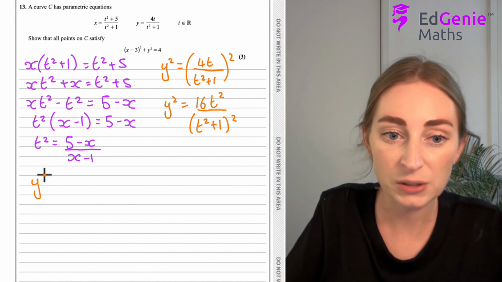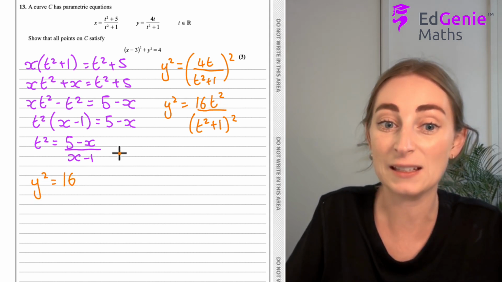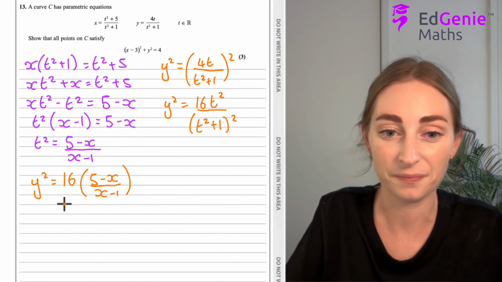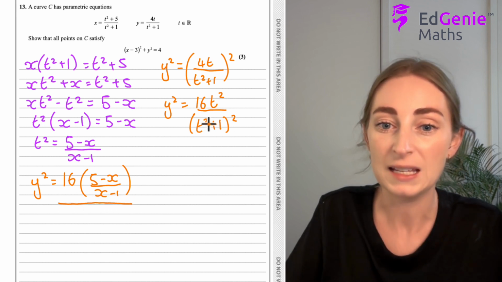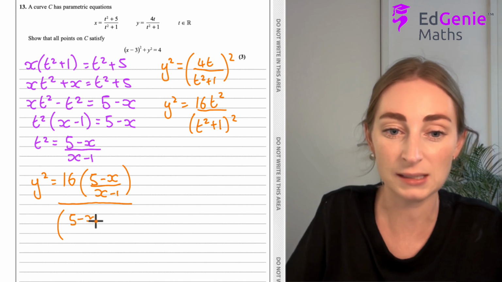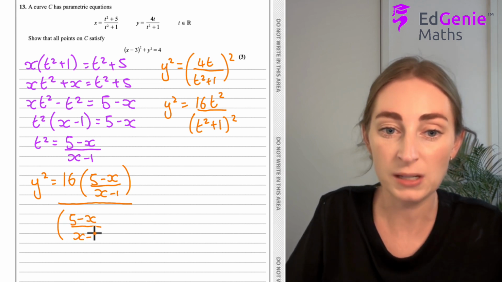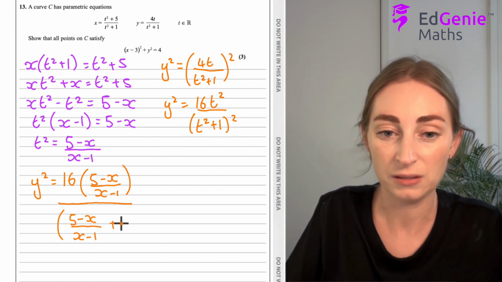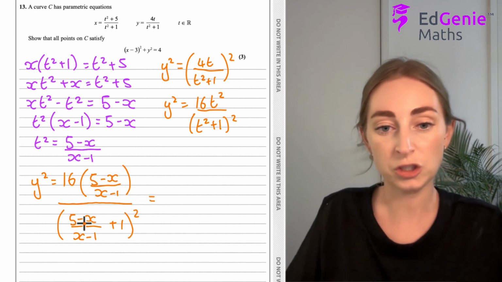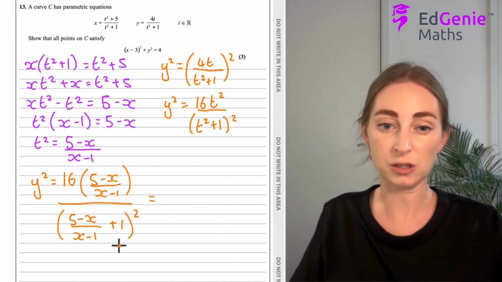Okay, y squared equals 16 multiplied by t squared. So t squared is 5 minus x over x minus 1, all over t squared, which is 5 minus x over x minus 1 plus 1 all squared. And we want to change this. This is a bit messy, this denominator.